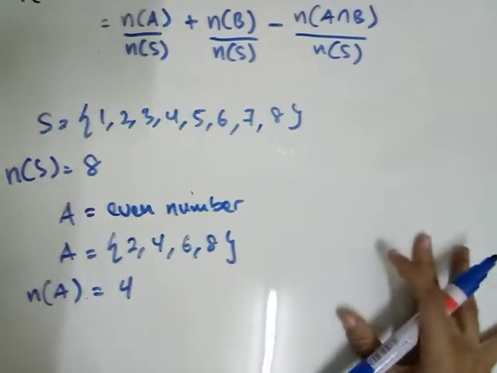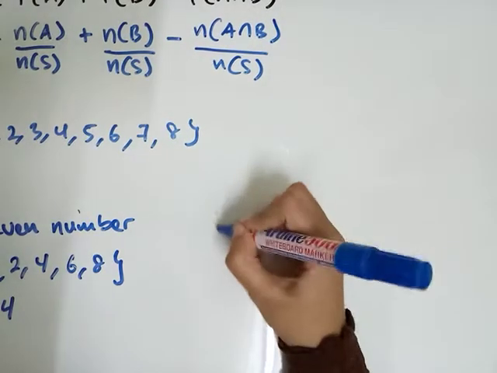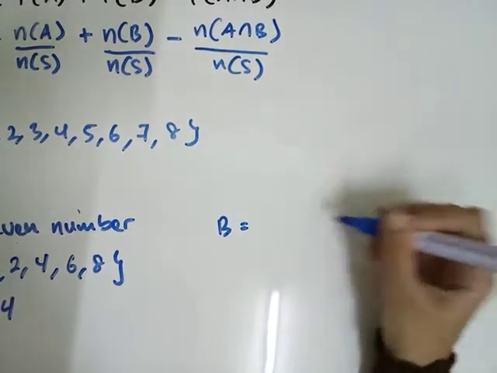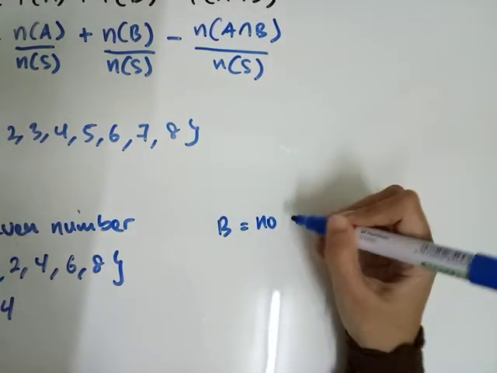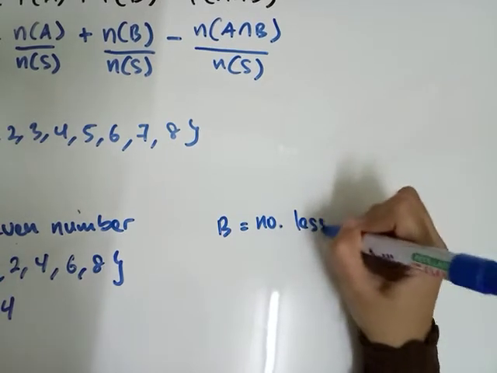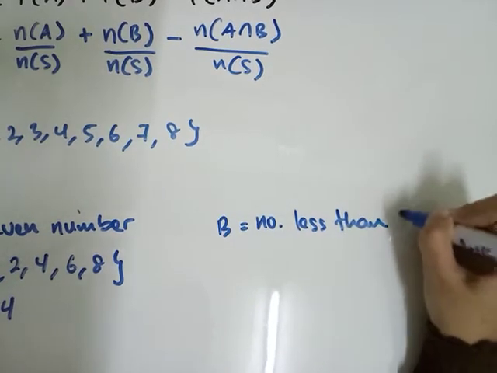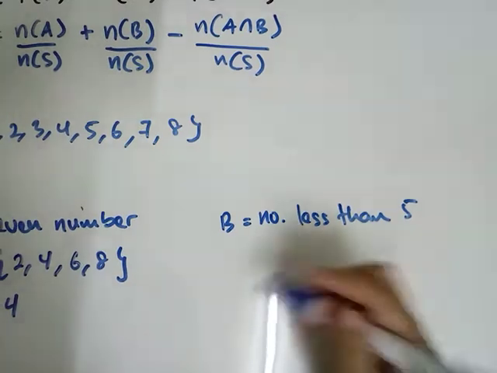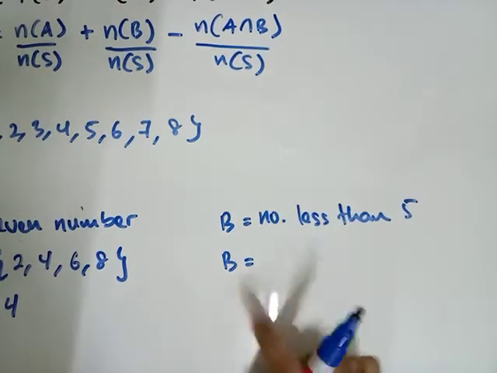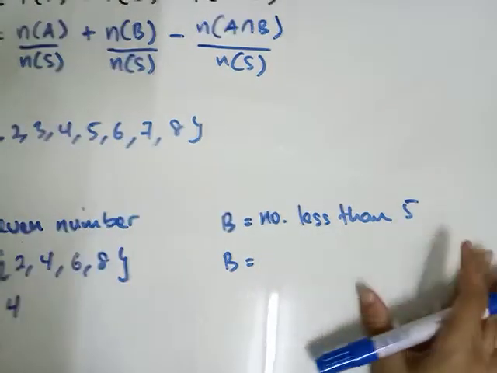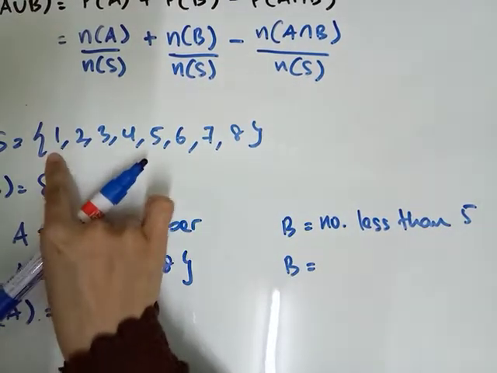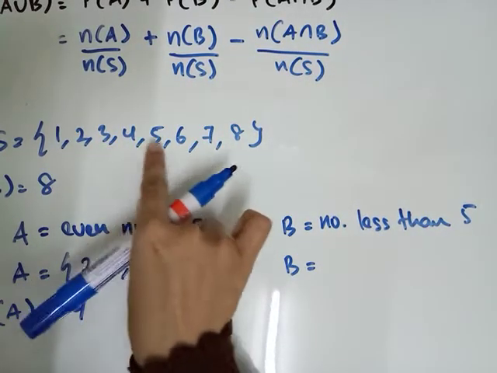And then B. Kita letkan B sebagai getting number less than 5. So, what is the element in set B? Number less than 5. From the sample space, 1, 2, 3, 4. 5 termasuk tak?